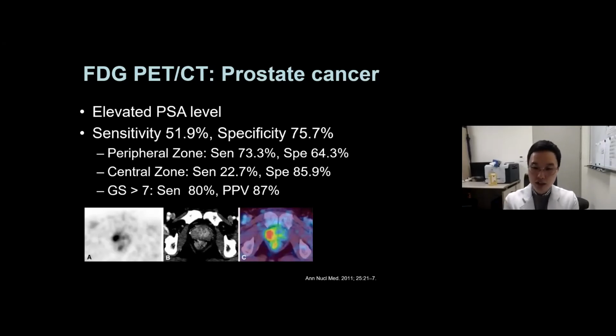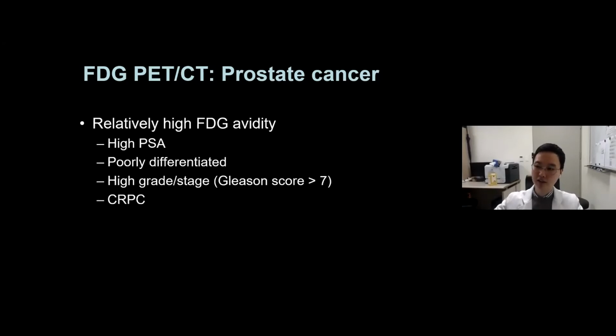However, one study reported that when we include only patients with an elevated PSA level, there is a relatively high potential to detect cancer, especially in the peripheral zone. So it can be applied in some patients with high PSA levels.